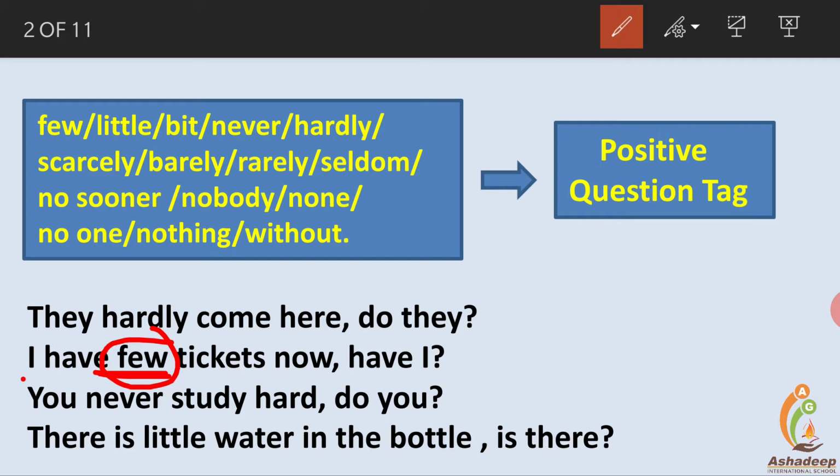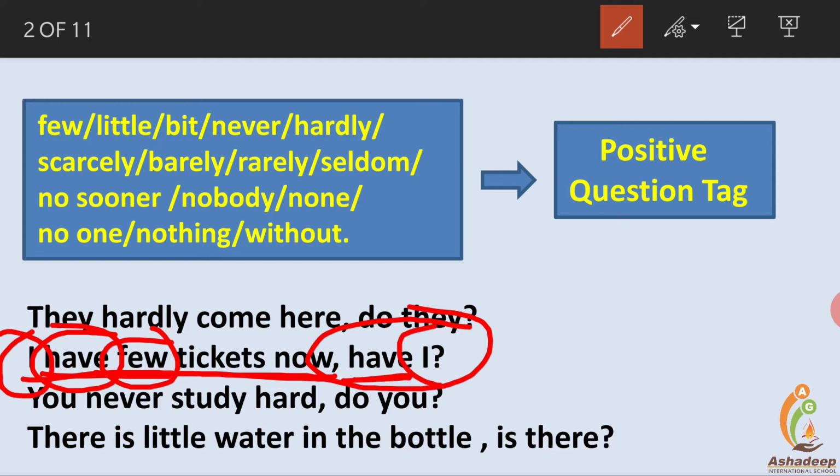Here few means almost none. So it gives negative meaning to the sentence, and that's why the question tag should be positive. Here the auxiliary verb have is given, so directly we will get its negative or positive form. Here a positive question tag, so have in positive form, and the subject is I, so here, have I?